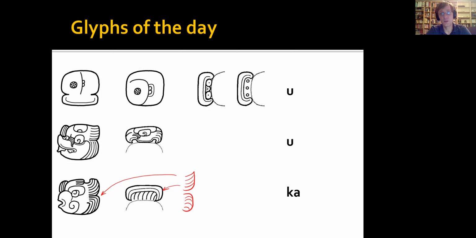And just so that you know the difference, here's another common sign, ka, that you can find in spellings such as cacao. And it's also a fish, just like shark. Now, shark has a pointy nose, teeth, and a fin that is closer to the eye. So it's like one of the eye fins.